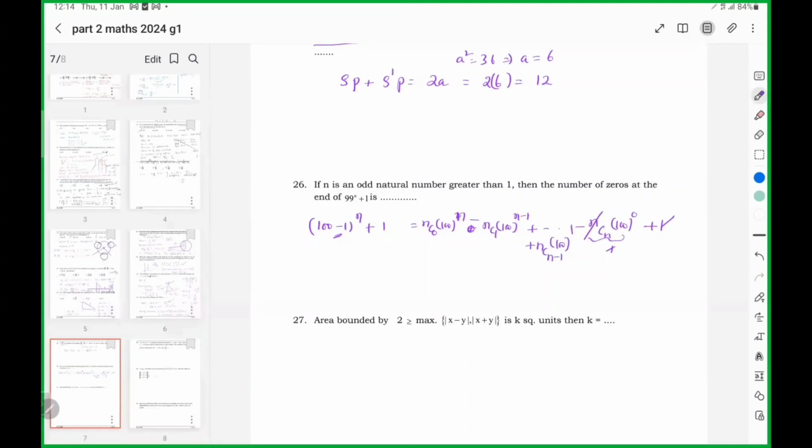For example, if you take n as 7, 7C0 100 power 7, 7C1 100 power 6, 7C7 minus 1, which is this.